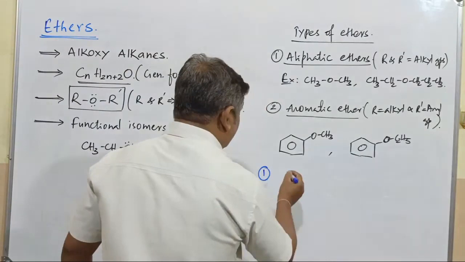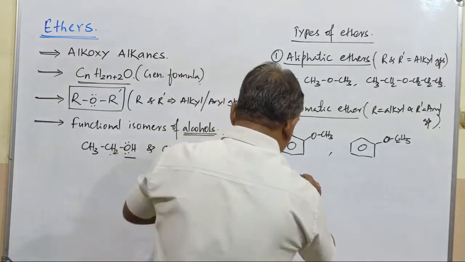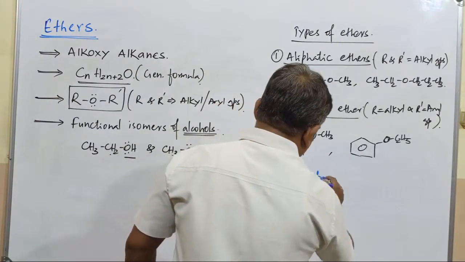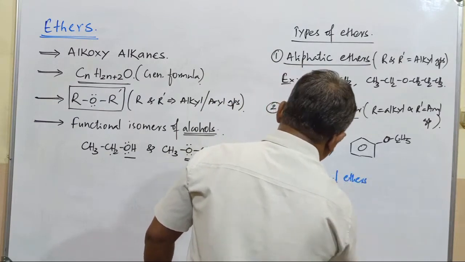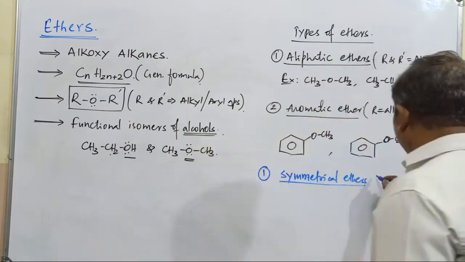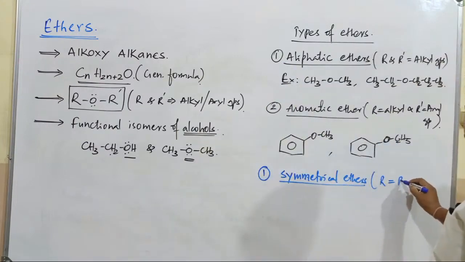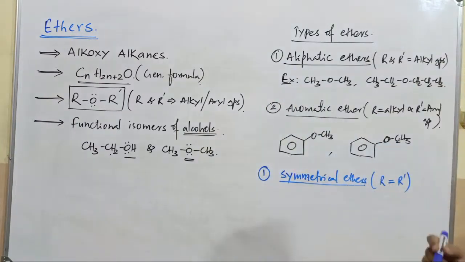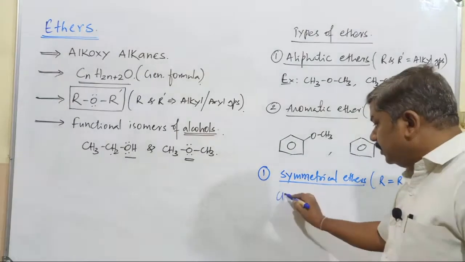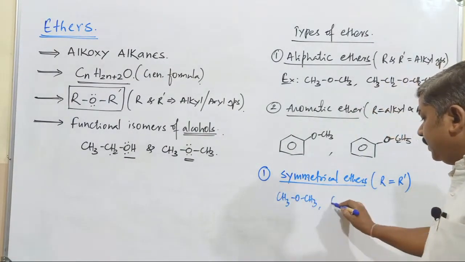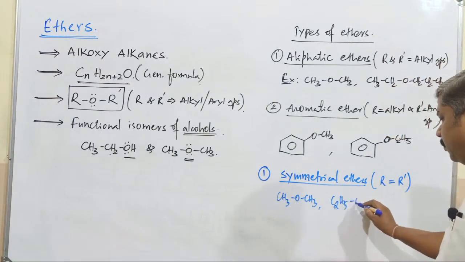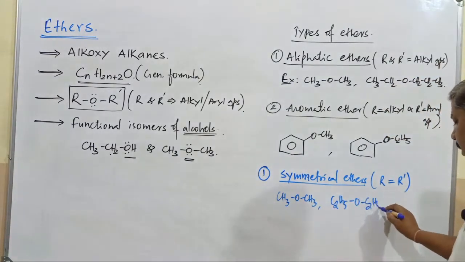Next, another type is symmetrical ethers. What are symmetrical ethers? If R is equal to R', both the groups are the same. That is called a symmetrical ether. CH3OCH3 is symmetrical. C2H5OC2H5 is a symmetrical ether.